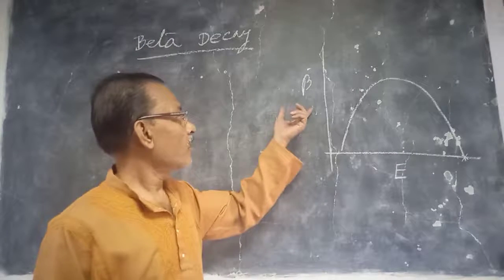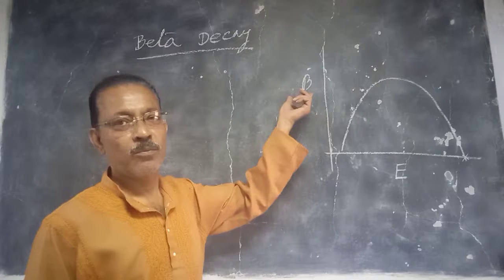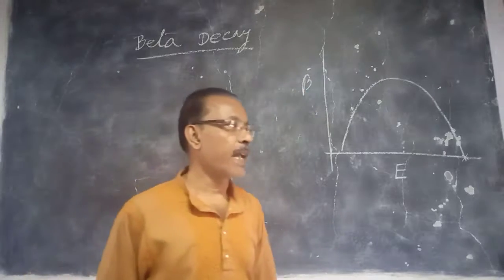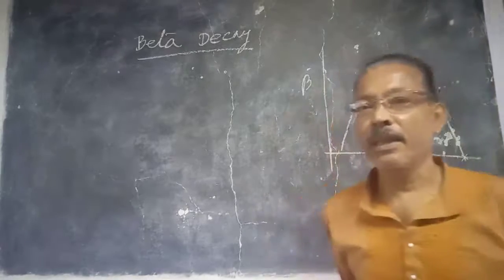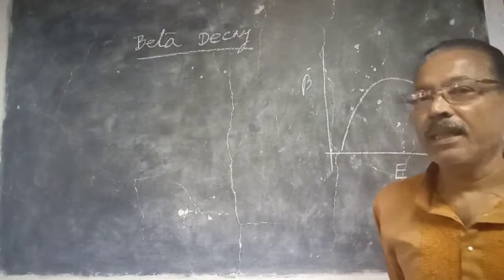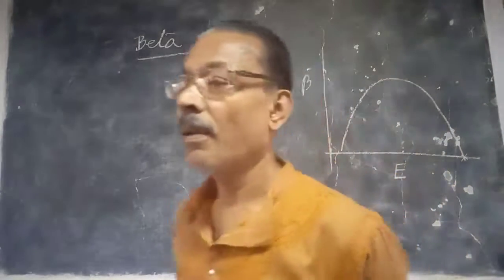But here the electrons are emitted from the nucleus. Although the dimension of the electron is much larger compared to the nucleus, the question may naturally arise: how does the electron exist within the nucleus?